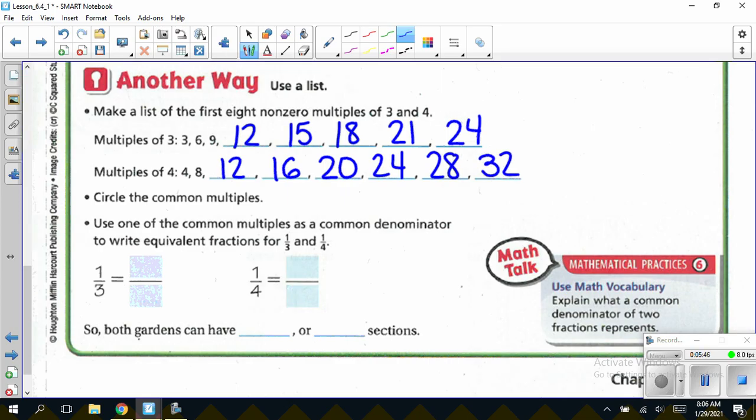So now we obviously see that 12 was the least common multiple, so we already used the least common multiple to create equivalent fractions. But I also noticed that there's another common multiple that I have between 3 and 4, and that is 24. So we could create equivalent fractions also using 24.